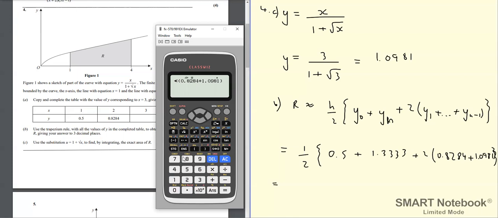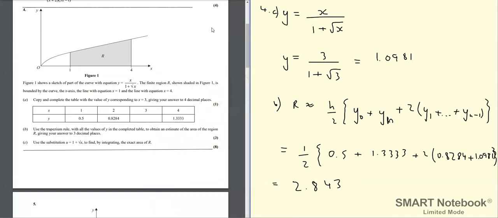Close brackets and then close another set of brackets. And we get 2.843 to 3 decimal places.